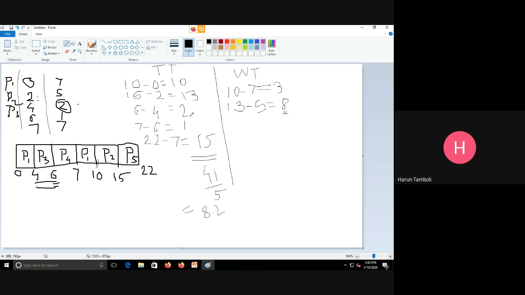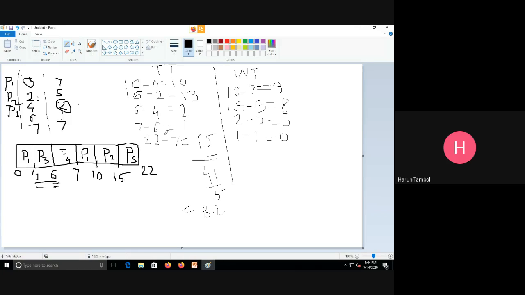Third, what is P3? For P3, turnaround time is 2 minus execution time or burst time, again 2, so the waiting time is 0. Next for P4, turnaround time is 1 minus burst time, again 1, so waiting time is again 0.